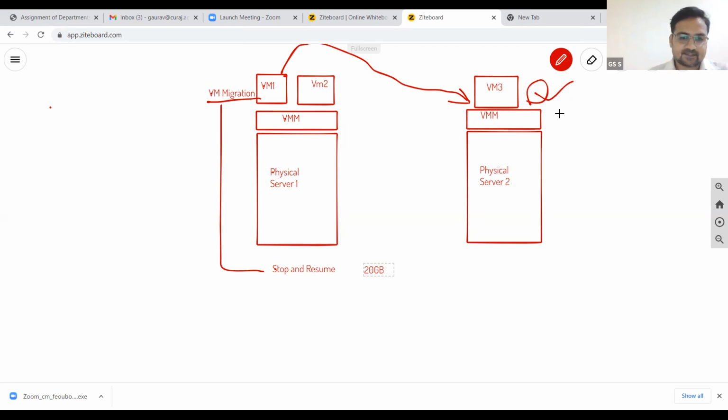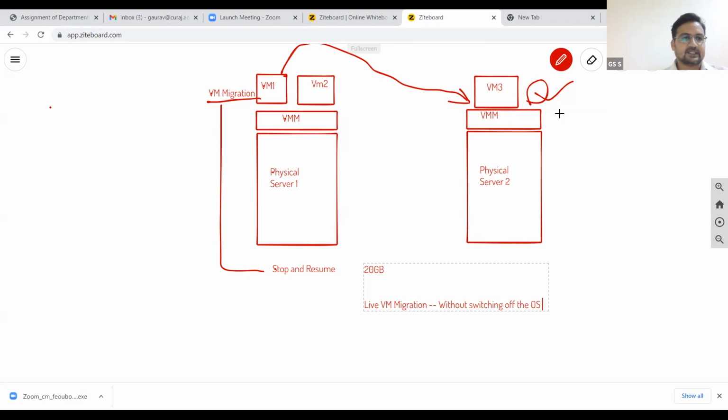So there is something known as live virtual machine migration, which talks about migration without switching off the operating system. So it should work like magic. Virtual machine VM1 is running, let us say, Ubuntu, running a web server.